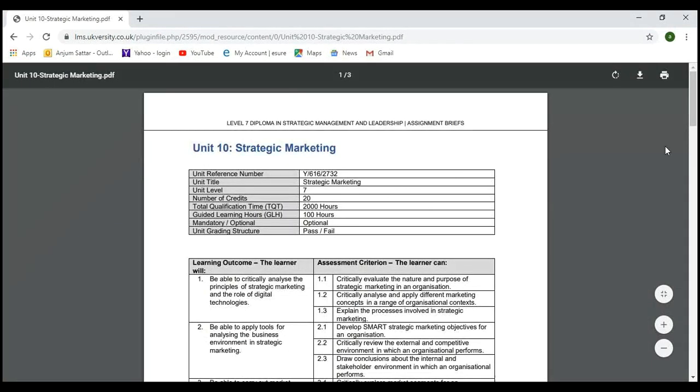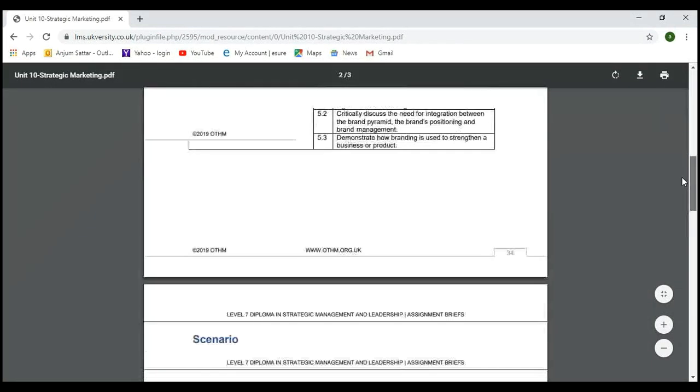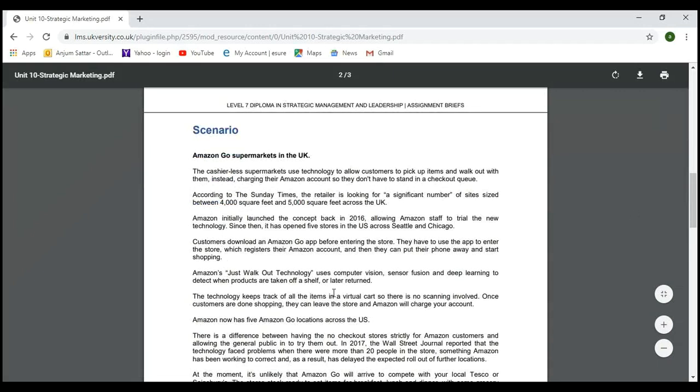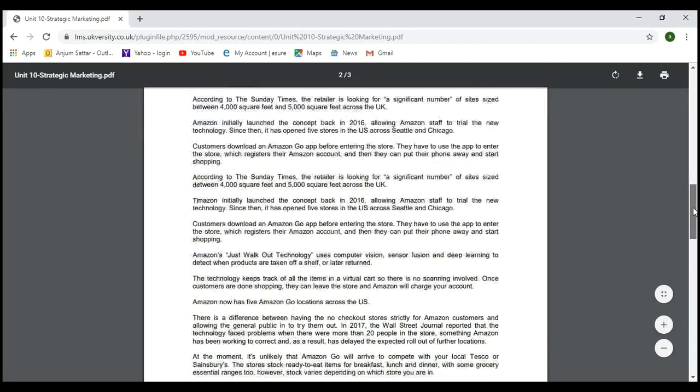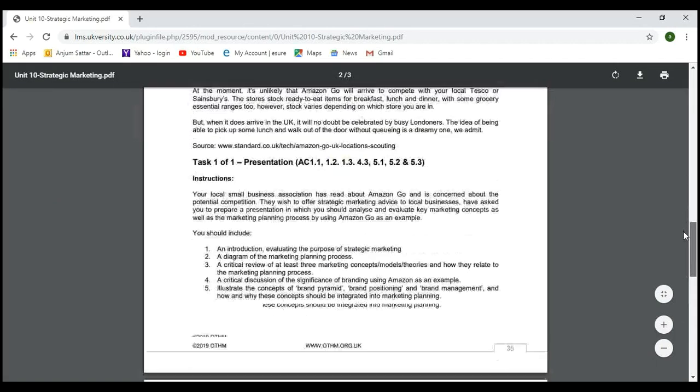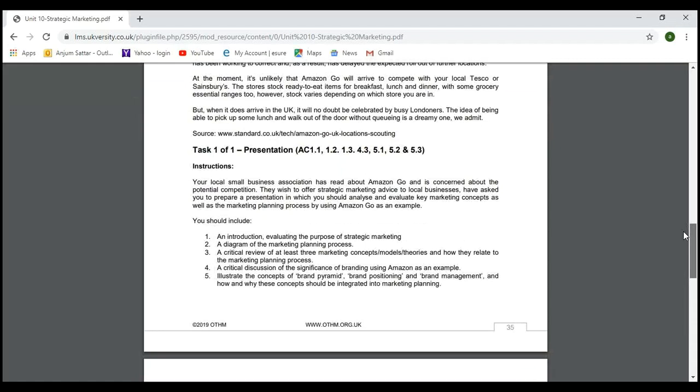So you have an assignment brief there, which you post to, and we have all the learning outcomes and assessment criteria there. We've been given the case, and then we need to look at their brand and marketing strategies. So first, your Small Business Association reads about Amazon Go and is concerned about potential competition, and this should be about strategic marketing.